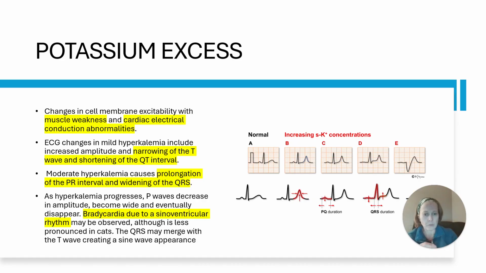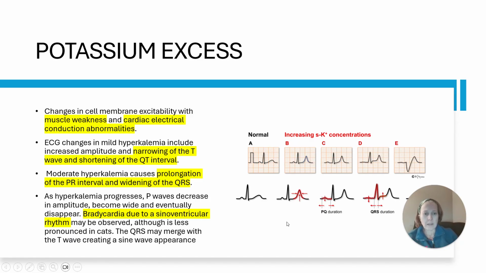You all hopefully know your P, QRS, and T waves by now and what they stand for. Well, when potassium gets really, really elevated, the T wave starts getting very narrow, as you can see in this second little diagram. So here's normal, and the T wave starts getting really, really tall. When we get even greater levels of potassium, the P to QRS complex duration gets lengthened and the P wave amplitude decreases.